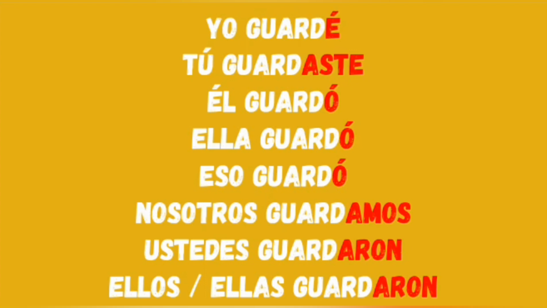If you want to say he kept or he saved, you have to say él guardó. To say she saved or she kept, you have to say ella guardó. To say it saved or it kept, you have to say eso guardó.